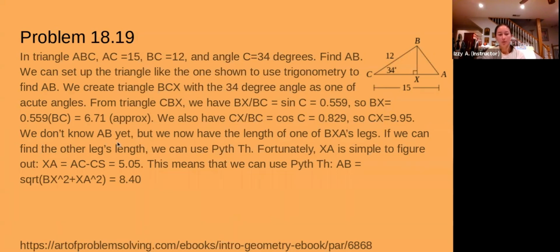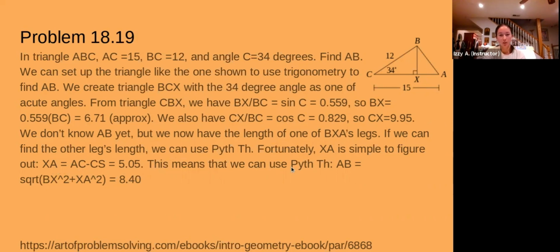We don't know AB yet, but now we have the length of one of triangle BXA's legs. If we can find the other leg's length, we can use the Pythagorean theorem. Fortunately, XA is simple to figure out with subtraction, because XA is equal to AC minus CX, which is 5.05.